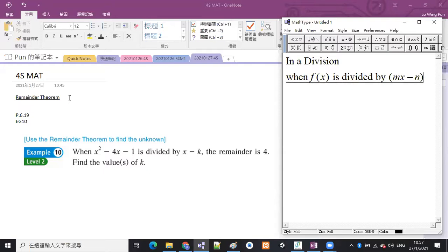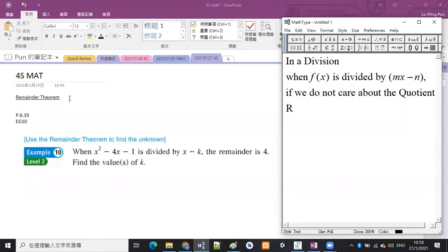When f(x) is divided by mx minus n, if we do not care about the quotient and we just want to find the remainder, or we just have information about the remainder, then we can use the remainder theorem to calculate the remainder or to set up an equation to find the unknown.